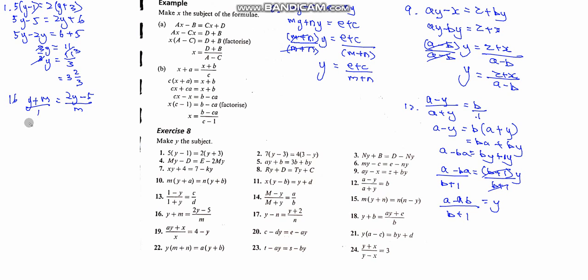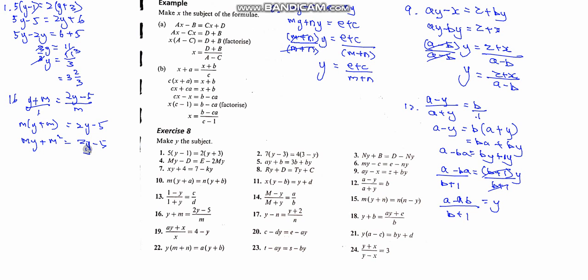So to cross multiply, m times (y plus m) equal to 1 times this, but then it's no difference, so just 2y minus 5. Expand the bracket, I get my plus m times m becomes m squared, equal to 2y minus 5.